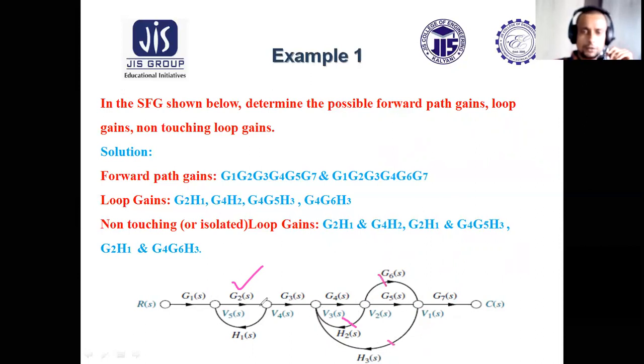These three loops are not being touched by this. So there are three isolated pairs. One is G2H1 and G4H2, another is G2H1 and G4G5H3, and the last one is G2H1 and G4G6H3. So these three are non-touching loops.